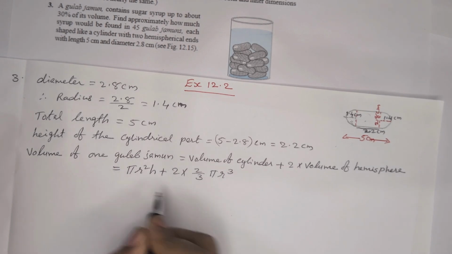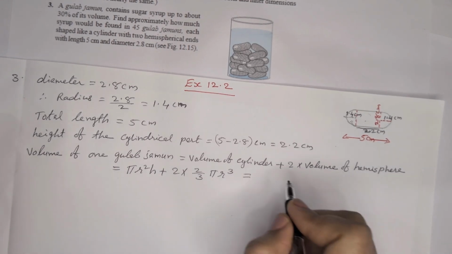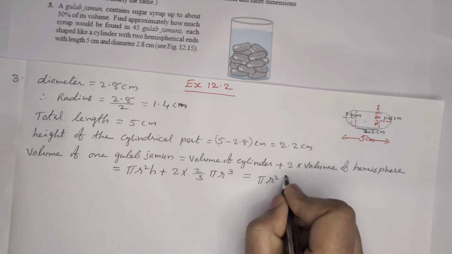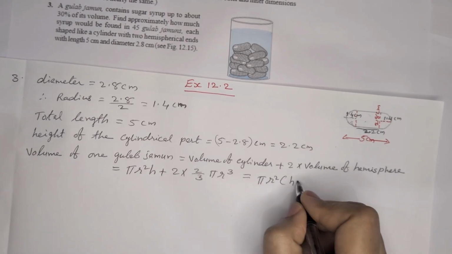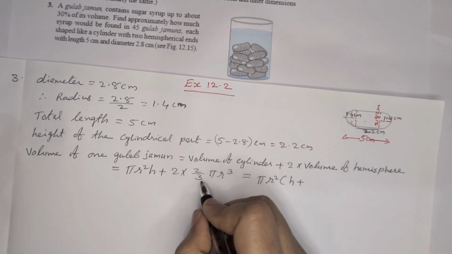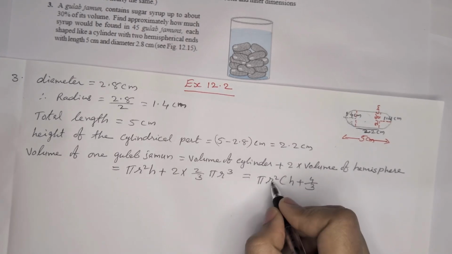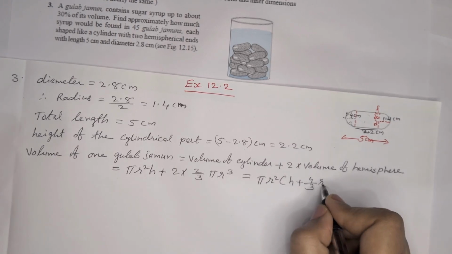Put the values. Here we can take pi r square as common. From here h, and 2 into 2/3 is 4 by 3. Pi r square is already taken out, then the remaining r.